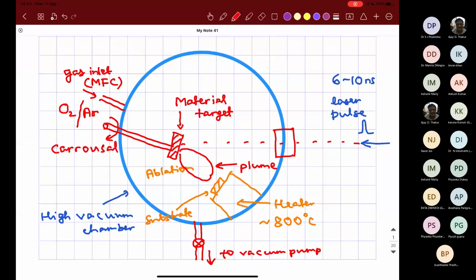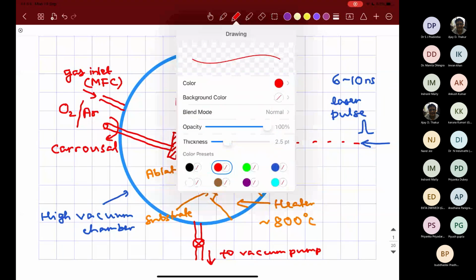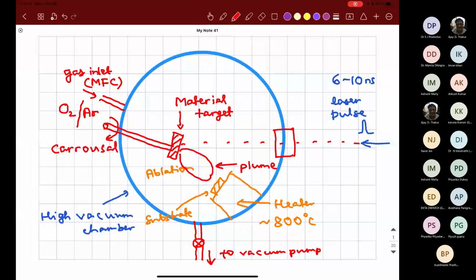Now, in order to do this entire process, you will need additional viewports because you also want to see how the process is going on. You would like to monitor this process. So you may have additional viewports, not only on the sides, but maybe also on the top, which I am not drawing. In addition, you may have an arrangement for determining the thickness of the film which is grown.